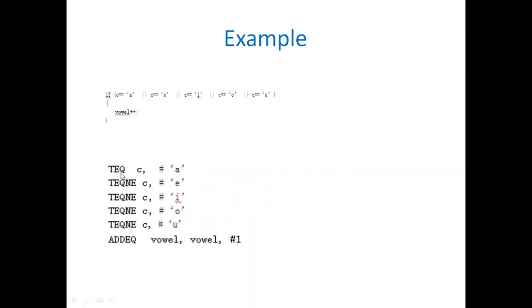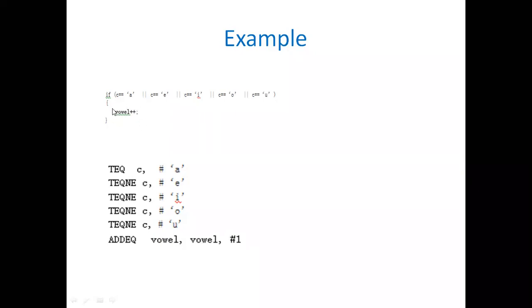Look at this one: temp TEQ, C is equal to A, or if it is equal to I, or if it is equal to O. If anything is true, then OL is equal to OL plus 1. OL is updated to OL plus 1.